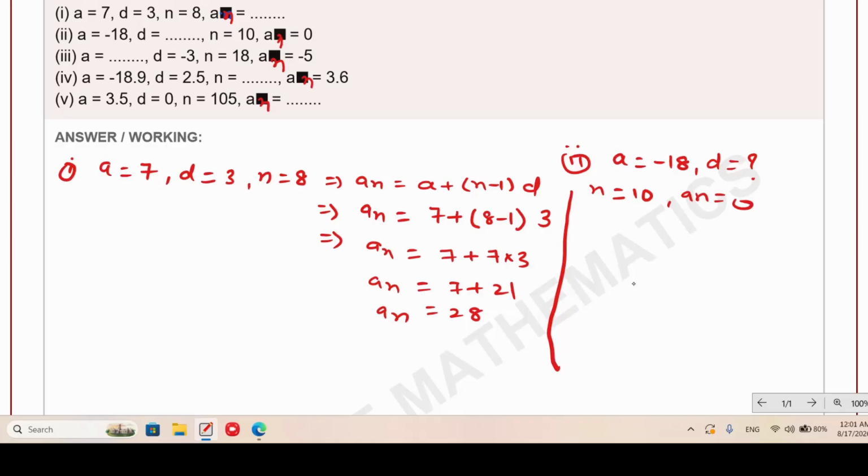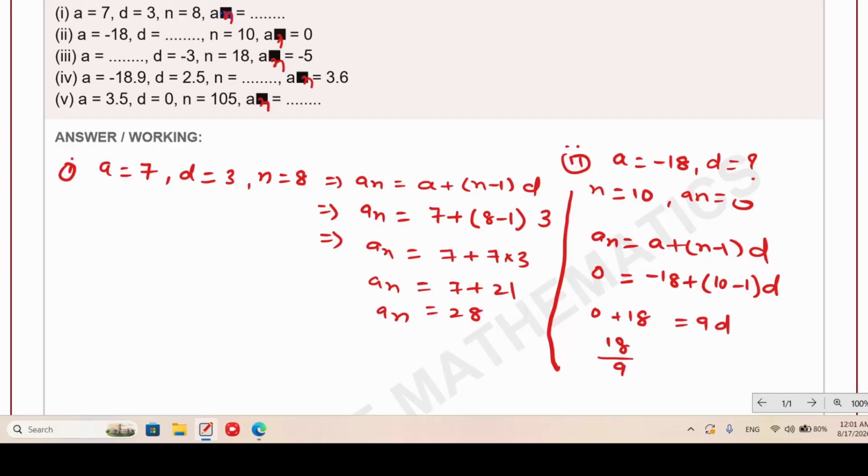Let's use the same formula. An is equal to A plus N minus 1 into D. So An is 0, A is negative 18 plus N is 10 minus 1 times D. So 0 plus 18 is equal to 9D. So 18 over 9 is equal to D, which means D is 2. In this way we can solve all five of them.